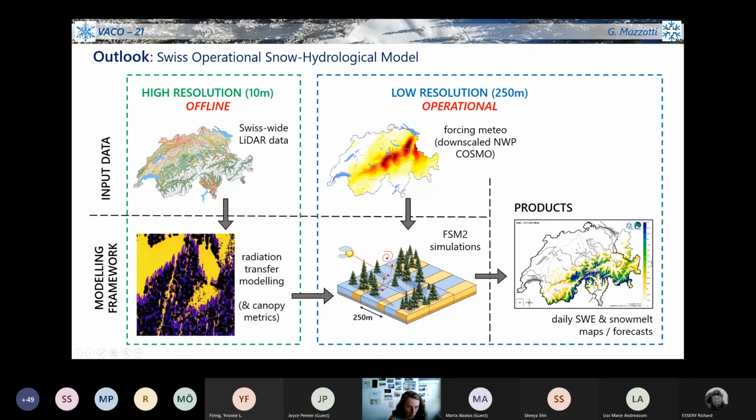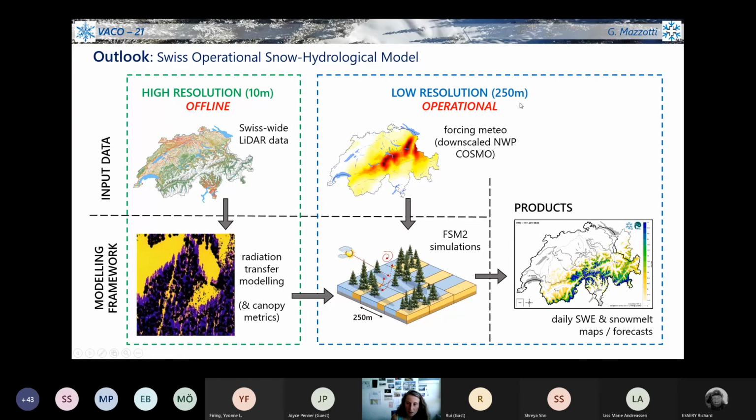And we do that at high spatial resolution, so at 10 meters. And obviously, this is very computationally intensive, but we can do it offline because these calculations do not depend on meteorological input. And now we can aggregate the information obtained at this high resolution to the spatial resolution of our snow model, which is 250 meters.